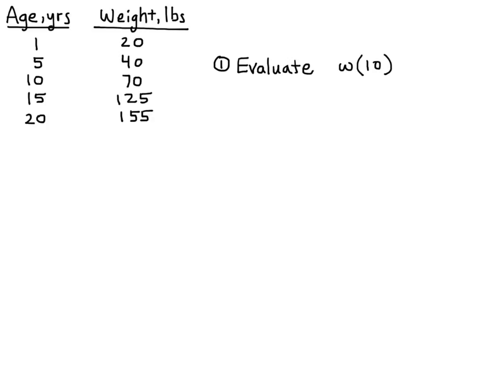That's 70. Now what's implied in the table is that perhaps there are intermediate values, and you would expect at 10.5 you would be a certain weight, but that's not always the case. You can have functions that really only relate 5 values, but in this case these are representative values. If we're looking at the weight at A equals 125, what does A represent? It's the age, and that would be 15 then, right?